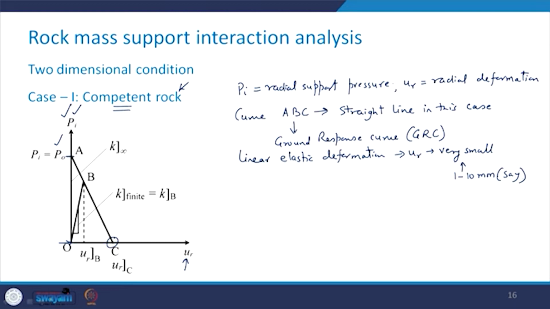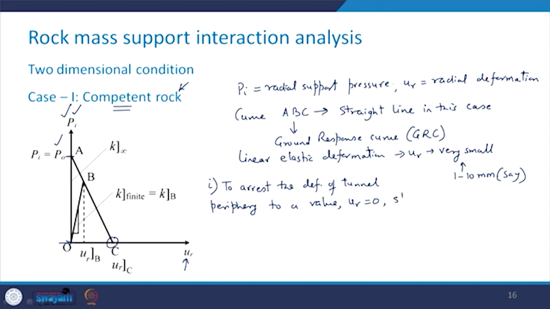Now, if we want to arrest the deformation of the tunnel periphery completely, this means that if we want to have ur equal to 0, that is going to be our first case, that is to arrest the deformation of tunnel periphery to a value which is ur equal to 0.